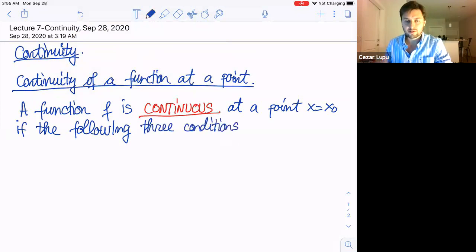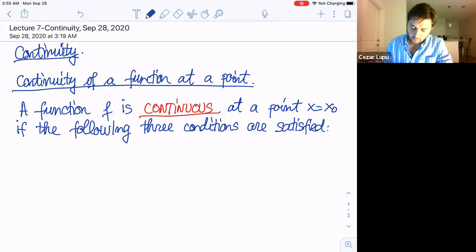I could just say all three of them at once, but let's put it this way. All three conditions are satisfied. The first one is that f, the function evaluated at that point, at x naught, is defined.